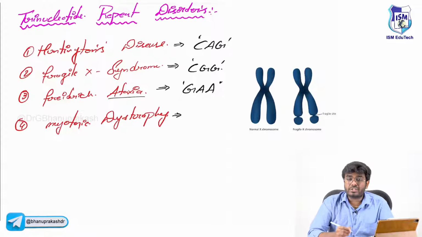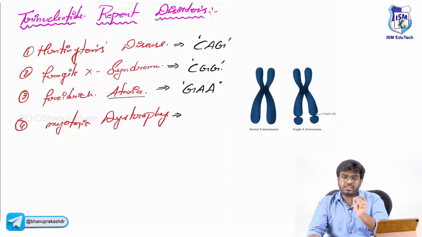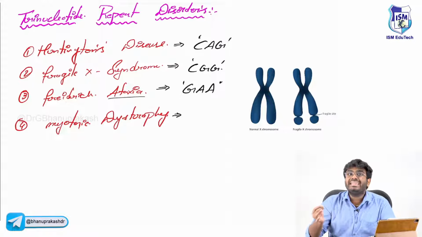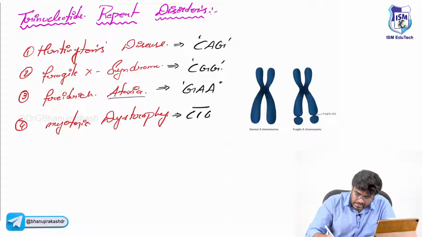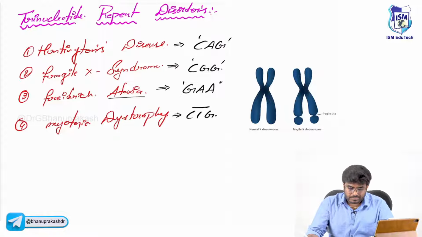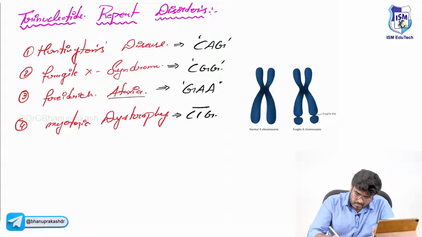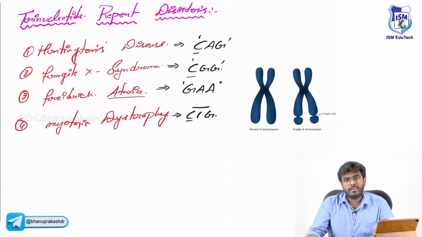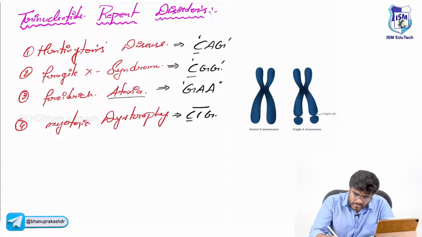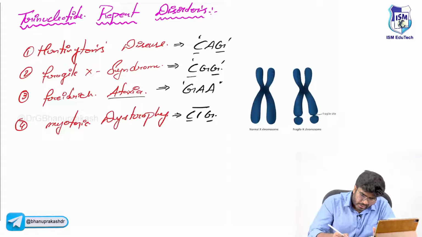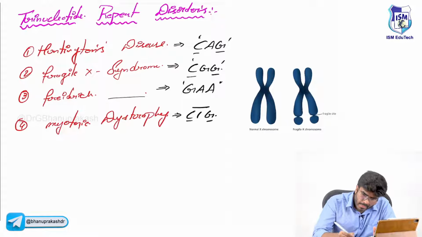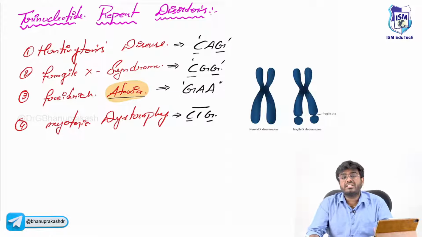Myotonic dystrophy: I used to remember tonic, T, so CTG. See, in most of them it's starting with the same C and ending with G. Easy, I have given you a mnemonic.